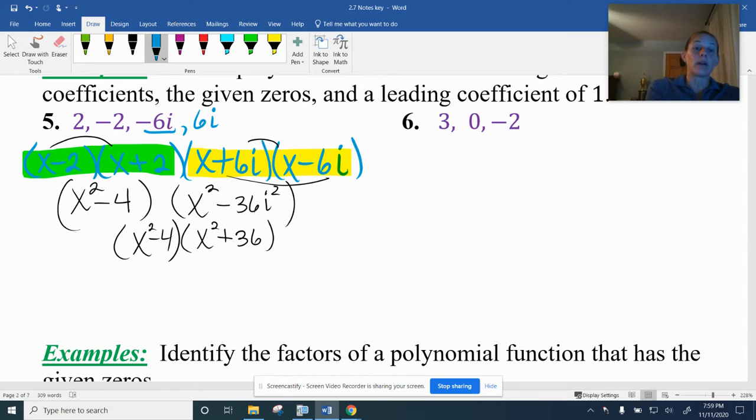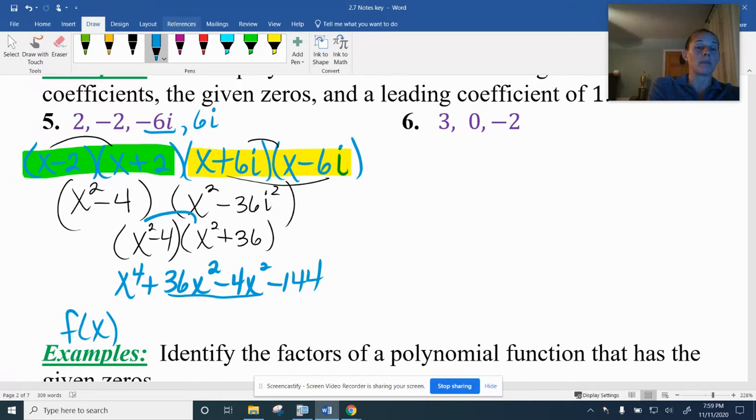So now we can multiply these two binomials together, getting x to the 4th plus 36x squared minus 4x squared minus 144. And of course, those middle two are like terms that can be combined. So I have a quartic polynomial, x to the 4th plus 32x squared minus 144.